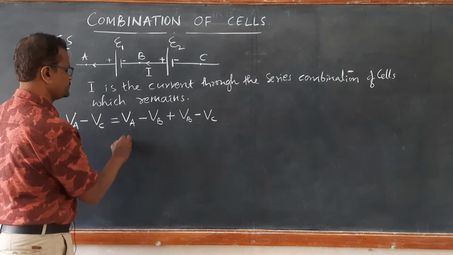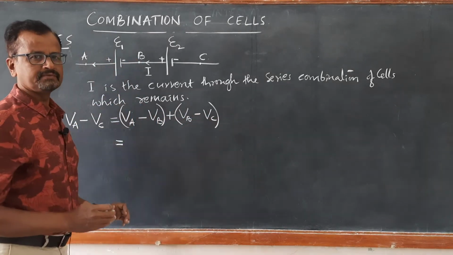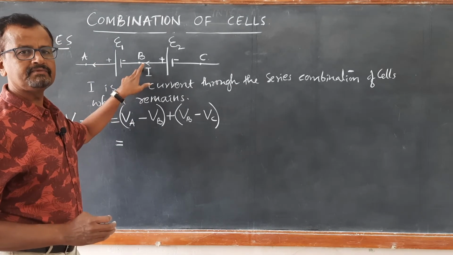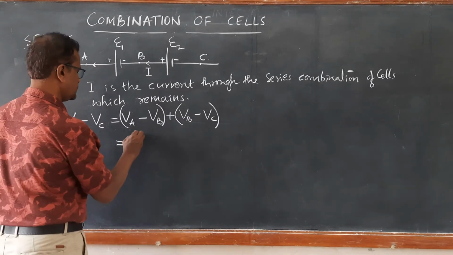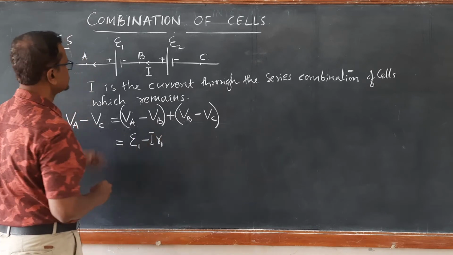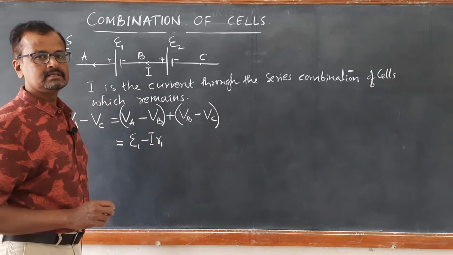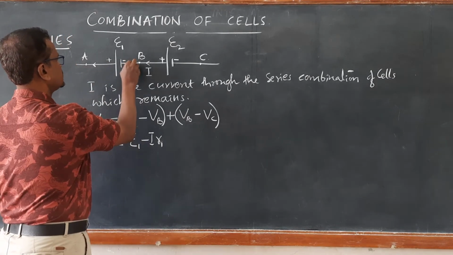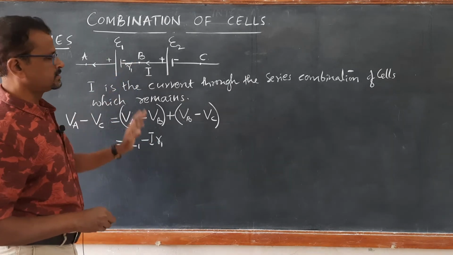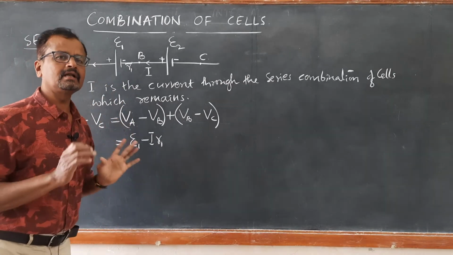Now what is VA minus VB? Yes, VA minus VB is the terminal potential difference across A and B of the cell of EMF E1. So I will write this: E1 minus IR1, because I is the current flowing through this and R1 is the small internal resistance of this cell. You can just symbolically show it. Even if it is not shown also, remember a cell will be always having some internal resistance.